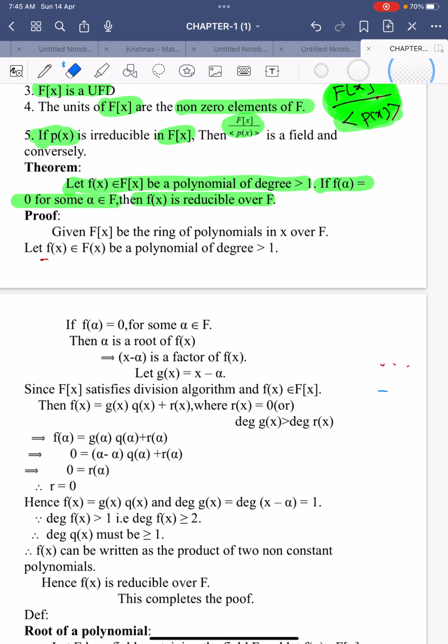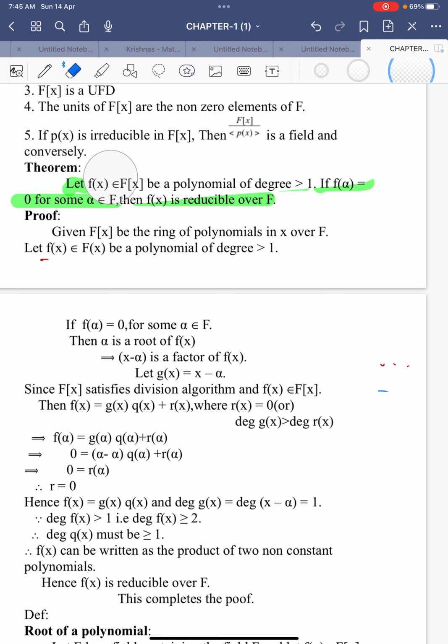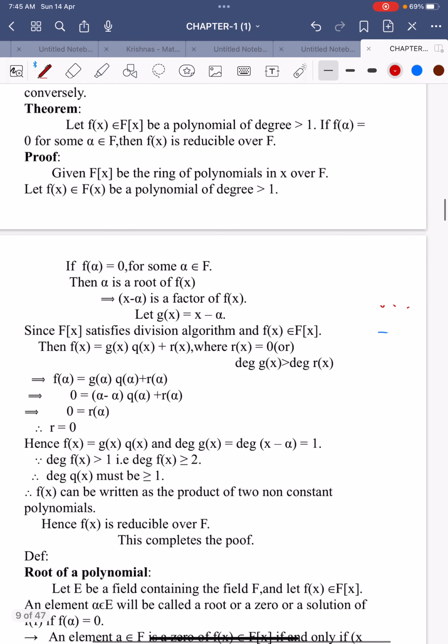They are given that f of x is a polynomial of degree greater than 1, and that f of alpha is equal to 0 for some alpha belonging to F. Capital F of x is a polynomial ring, and f of x is a polynomial belonging to capital F of x whose degree is greater than 1.